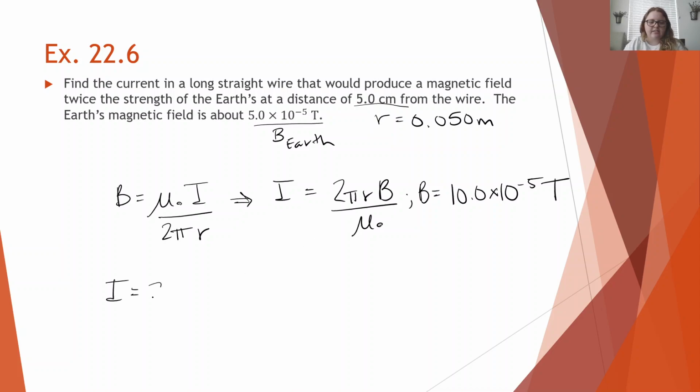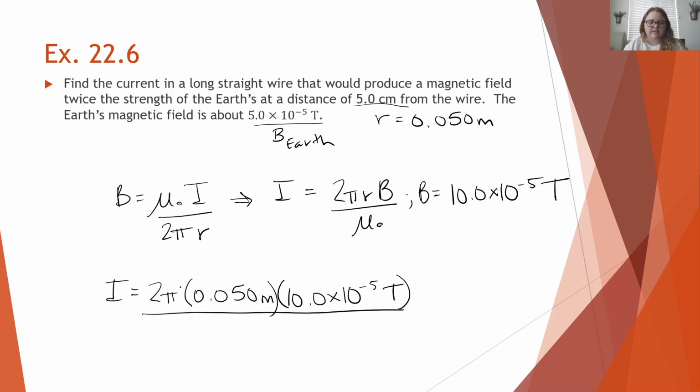Okay, so we want to plug everything in. Our current is equal to 2 pi times our R, our distance, which is 0.05 meters, times B, or 10 times 10 to the negative fifth Tesla, divided by mu naught, which was, I think, 4 pi times 10 to the negative seventh.